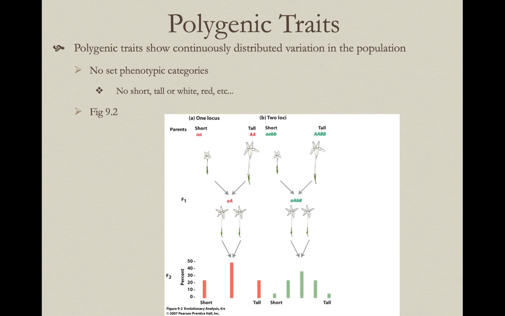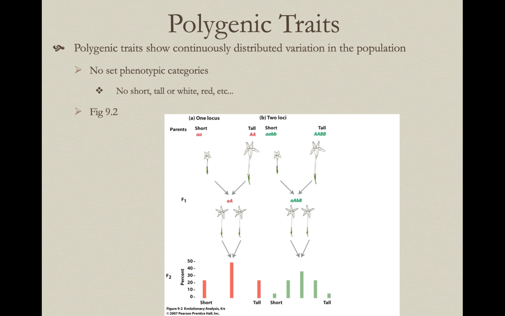Now let's talk about if we have two loci that are following incomplete dominance. Again, you may start off with the two categories, short and tall. The first generation, when you breed these, is going to be intermediate, so we're just going to get the intermediate height, the middle sized. But then when you breed the heterozygotes, you're getting more combinations.